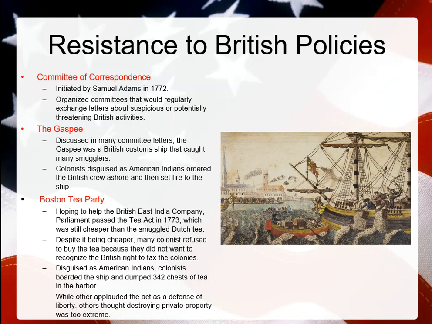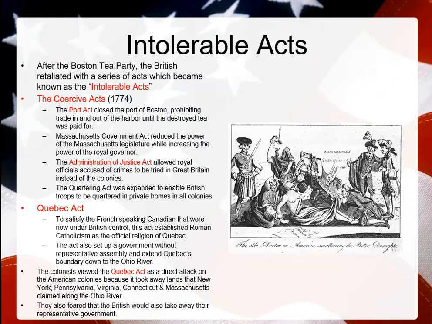If you felt like there was only one place you could go shopping, and that was a law, you could only go to Kroger's or whatever, you'd probably be pretty upset too, right? So it's the principle that the colonists felt about this whole thing. And many people applauded this as the defense of liberty, and some people said, you destroyed private property, that's a little too far for me.